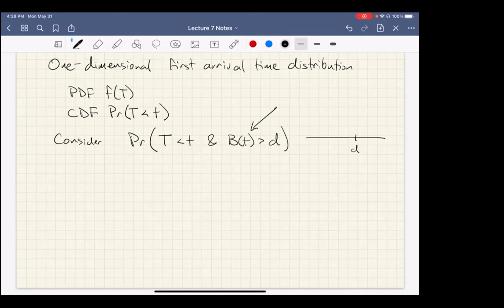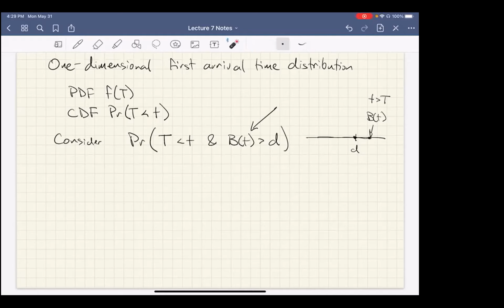So the setup looks like this. Here's D, B of t is somewhere over here, and t is the time at which the Brownian motion is over here, greater than the first arrival time. Well, that's obvious, because if you went through this boundary, then the first arrival time must have happened earlier. So we're going to express this two ways.